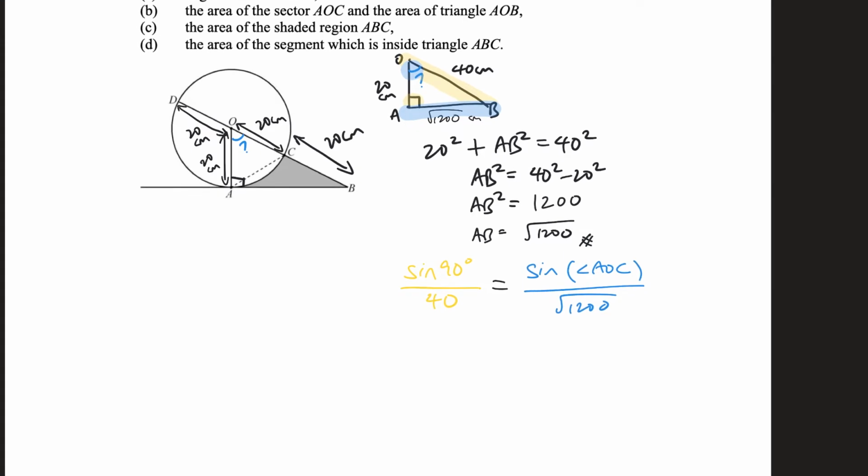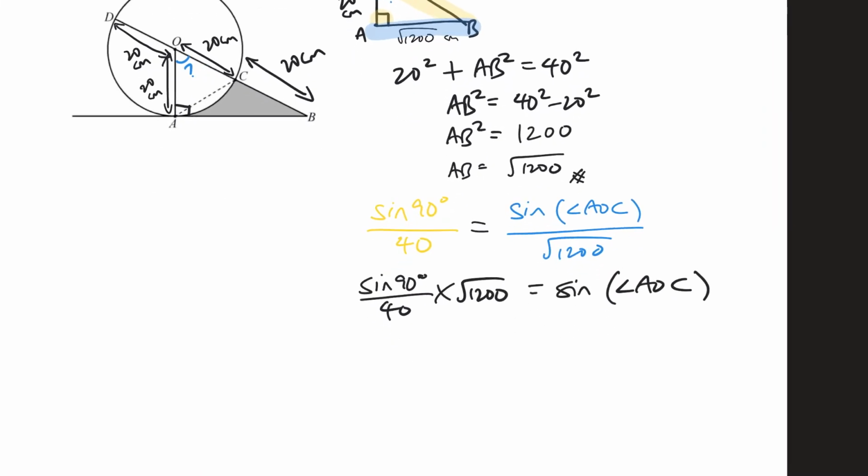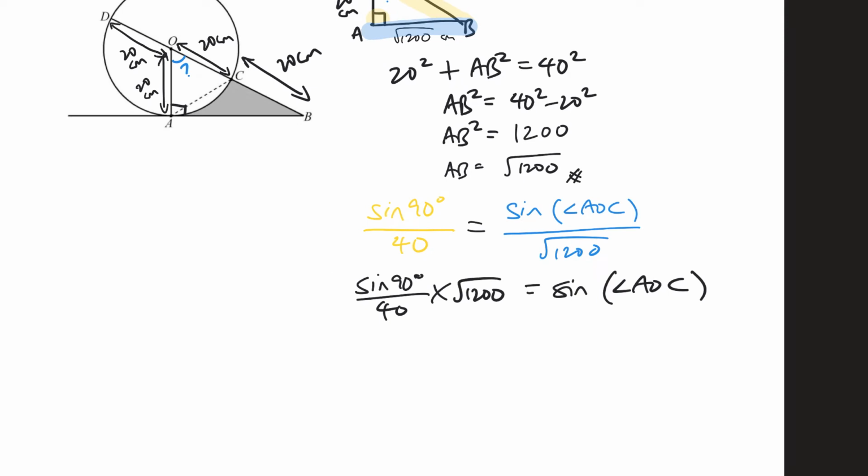And now we can solve. We can say that sine 90 over 40 times the square root of 1,200 equals sine of angle AOC.